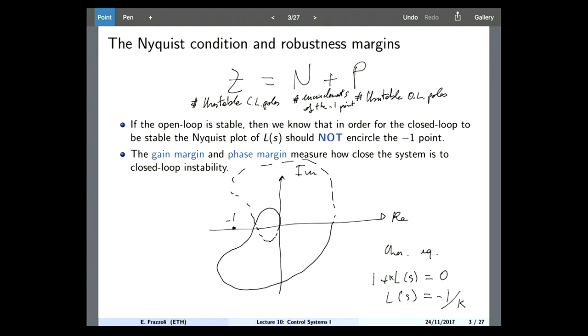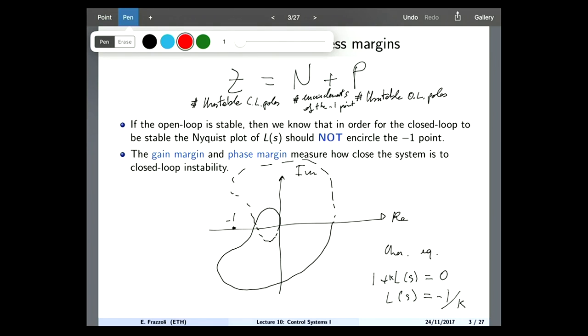So in a sense, the notion of robustness is something that tells you how far away I am from this -1 point.